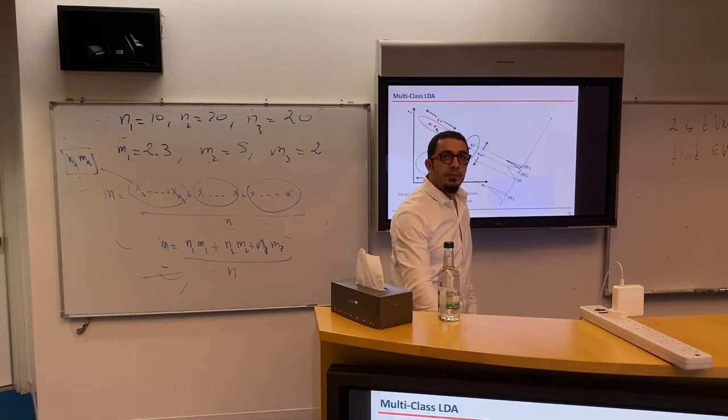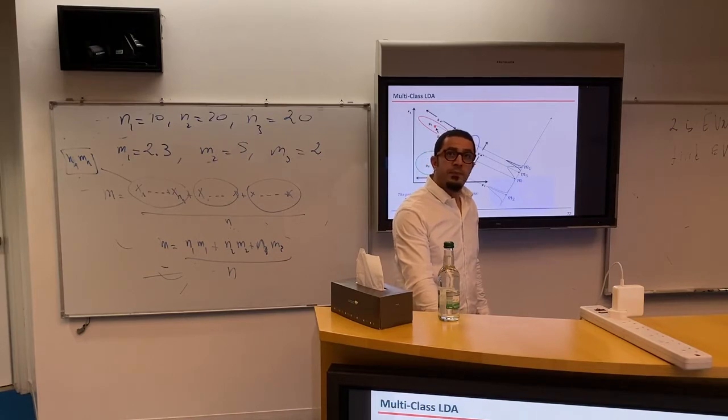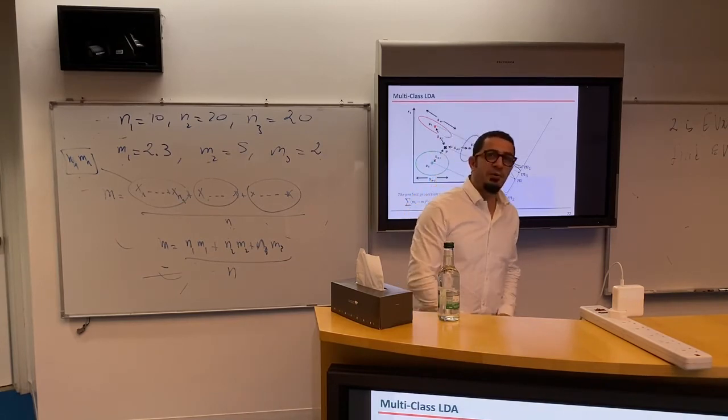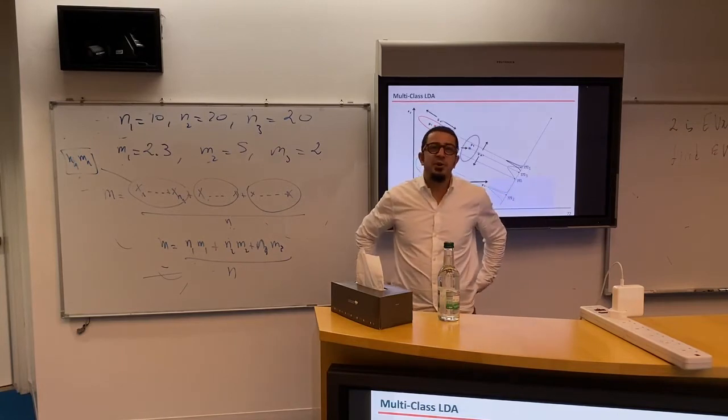Sir, I think I understand it now, but if we maximize the distance between M2 and M, it makes sense because I'm pushing M to the maximum distance. But if I do it for M1 minus M and M3 minus M, I'm just shifting M3 and M1 next to each other. I agree with you, it doesn't work all the time.